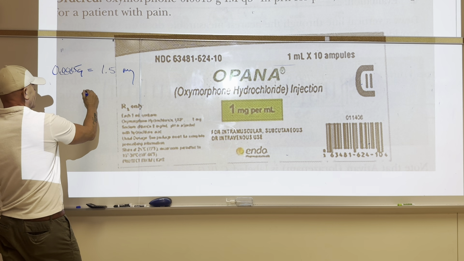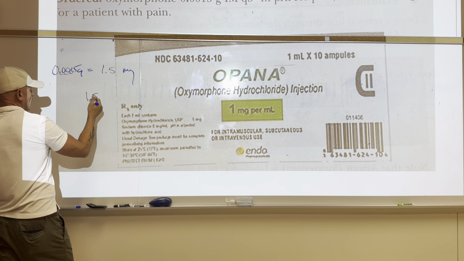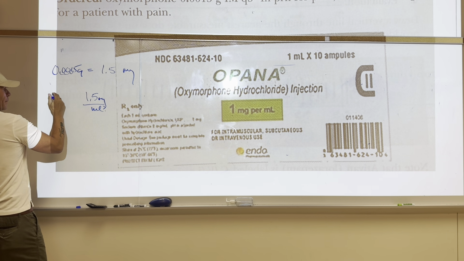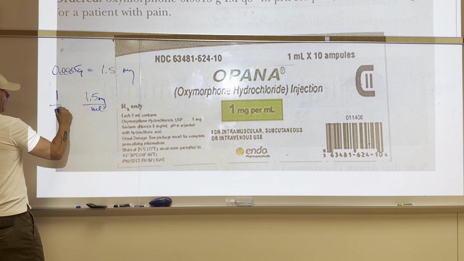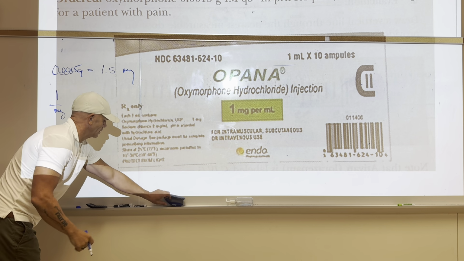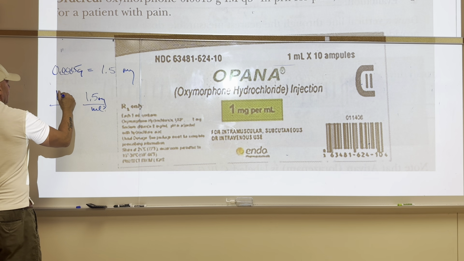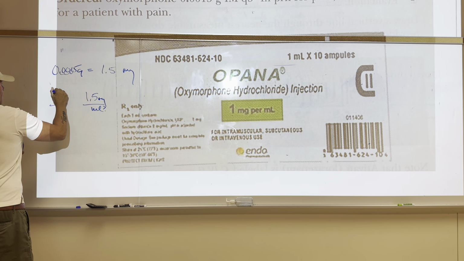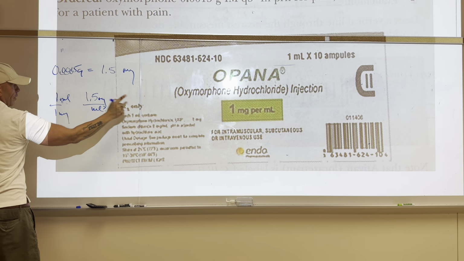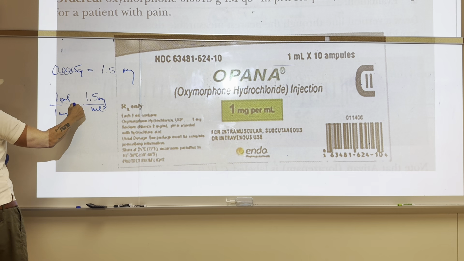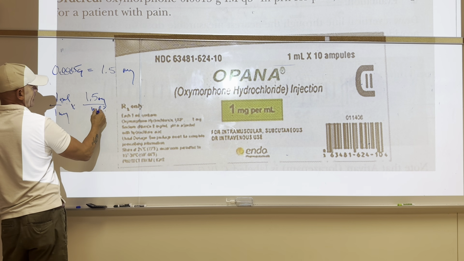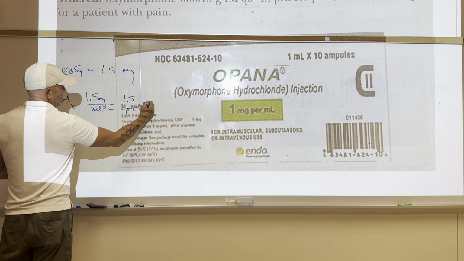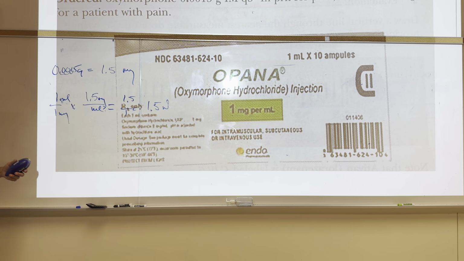So then 1.5 milligrams is mLs, right? But we gotta put that 1 ml over 1 milligram. That's our dose, right? That's what's given. So we're looking for how many mLs are in 1.5 milligrams. 1 times 1.5 over 1 equals 1.5 mLs.